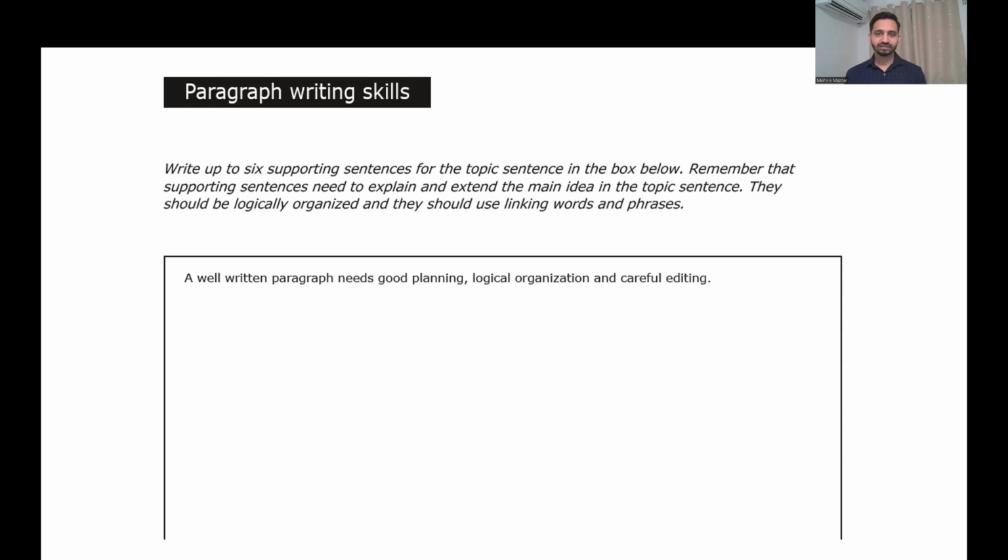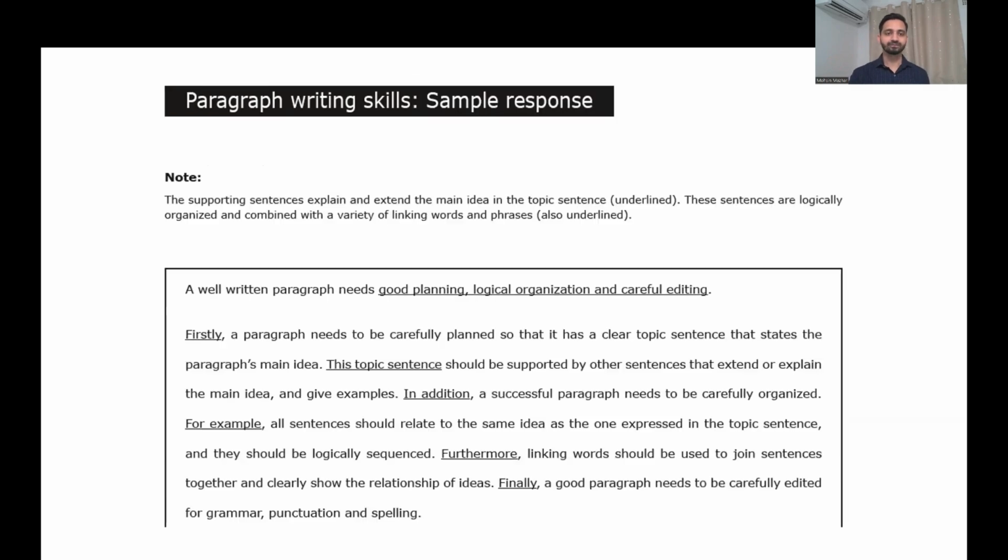So let me introduce you to the topic sentence. A well-written paragraph needs good planning, logical organization, and careful editing. Pause the video here and at least write 6 supporting sentences. And when you come back, we're going to look at those sentences.